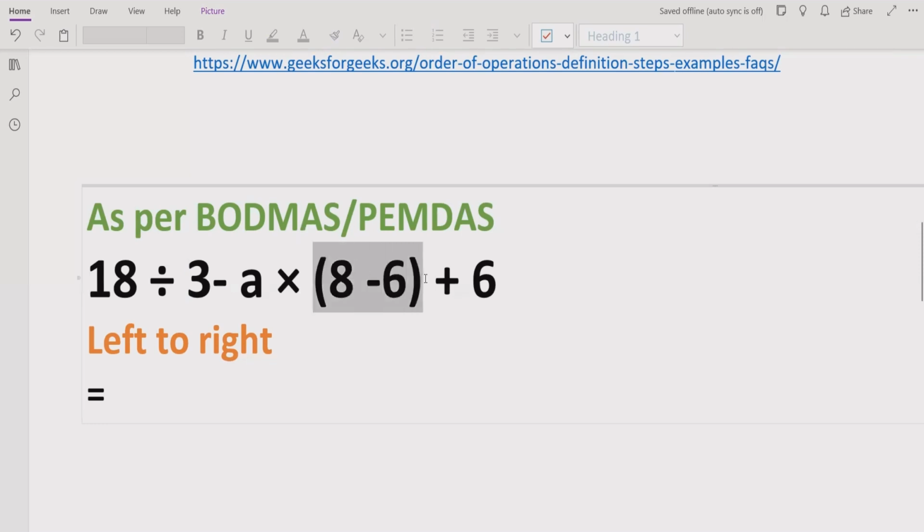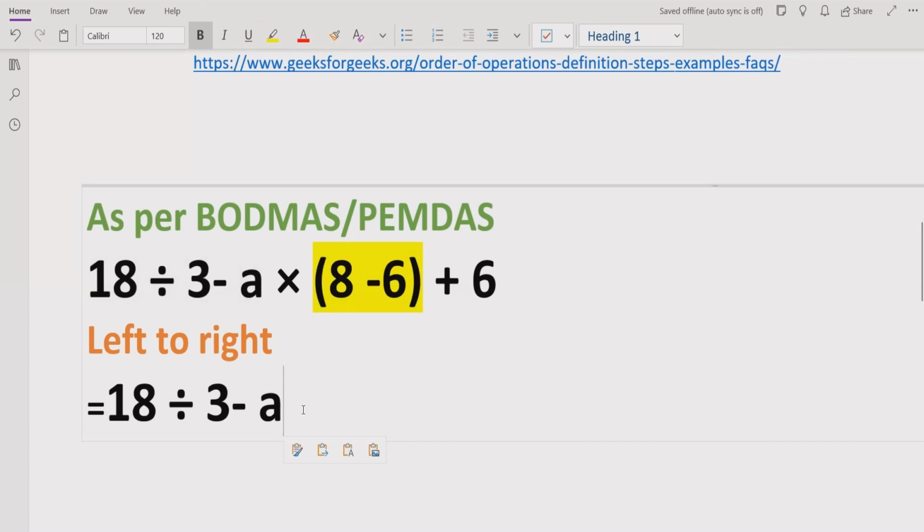So in our expression, we have the bracket here, which is 8 minus 6. First we solve this part, and we write everything else as it is. So here 18 divided by 3 minus a multiplied by 8 minus 2, which is equal to 2, plus 6.